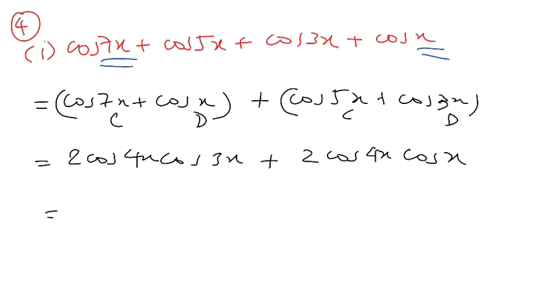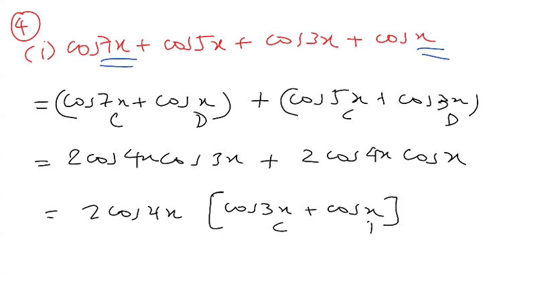So take 2 cos 4x common. Within the bracket, we'll get cos 3x and cos x. Now again, for C and D you need to do the factorization formula. Cos C plus cos D is 2 cos C plus D upon 2, 4x upon 2, that is 2x, and C minus D upon 2, which is x.